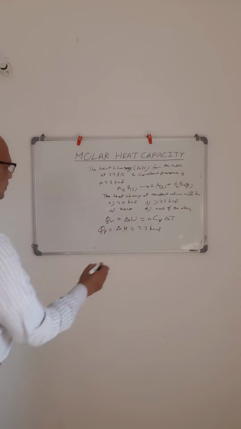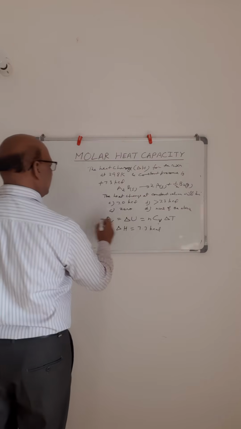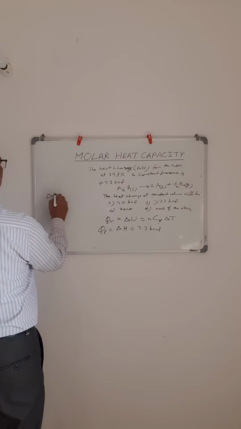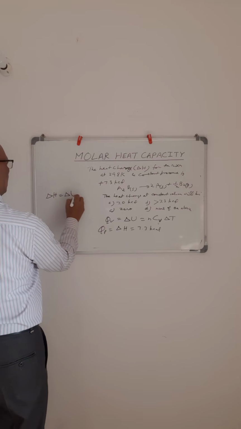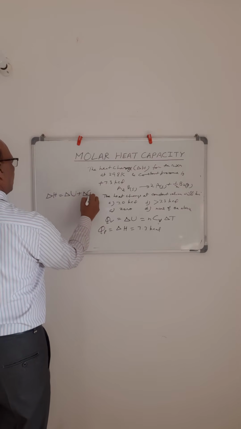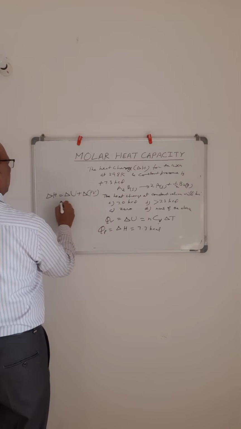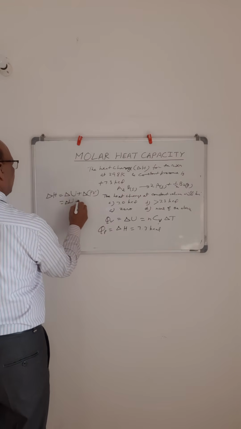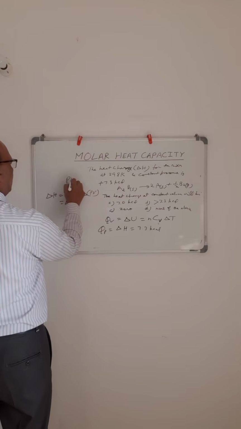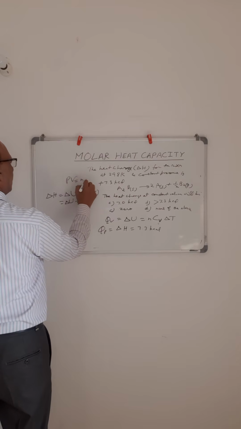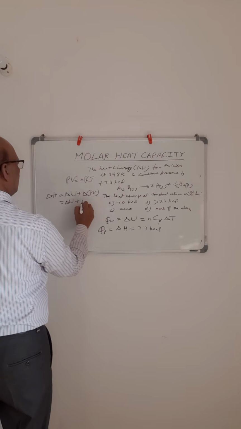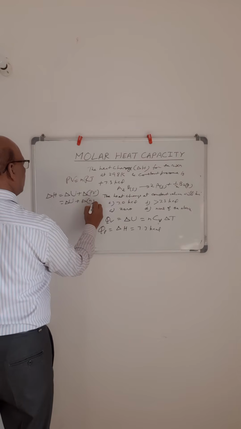We know the relation between delta H and delta U is delta H equal to delta U plus delta of PV, and PV equals nRT. So delta PV is nothing but delta of nRT.